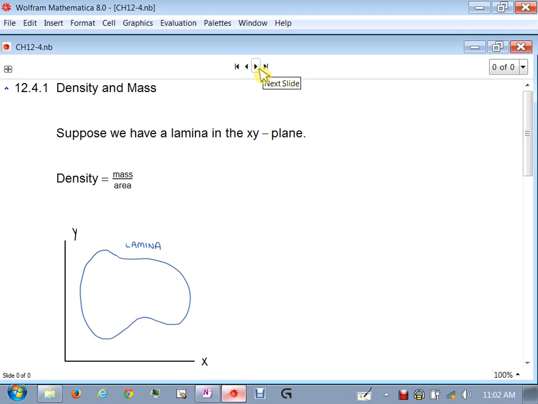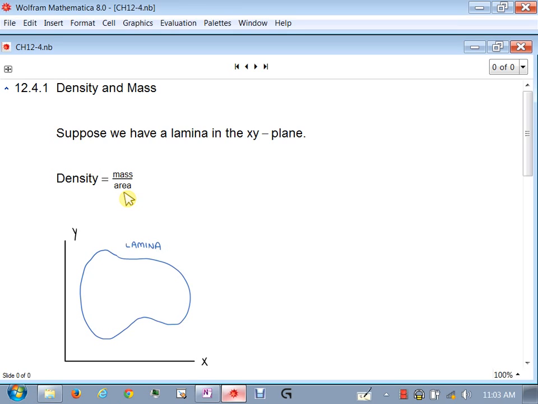So first of all, remembering what density is, or remembering maybe it's the first time you're thinking about it. The density of something is the mass of that something divided by, in this case, area. Now, we're talking right now about a two-dimensional sheet.